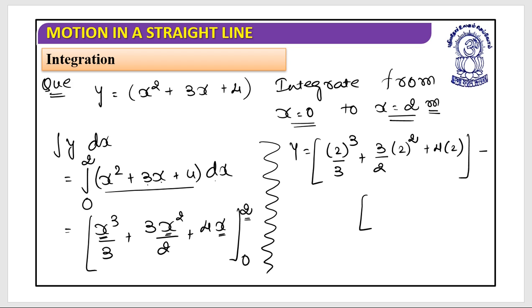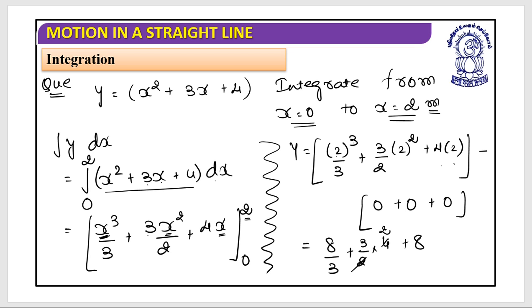If I put in the lower limit, it would be 0 by 3, which is 0, plus 3 into 0 plus 0, plus 4 into 0, which is 0. So that should be equal to 2 cube by 3, which is 8 by 3, plus 3 by 2 multiplied by 4, plus 4 2s are 8.